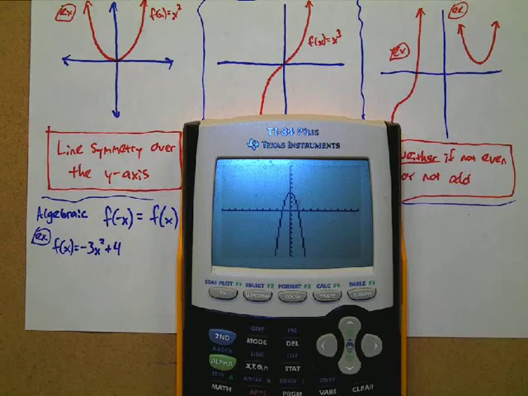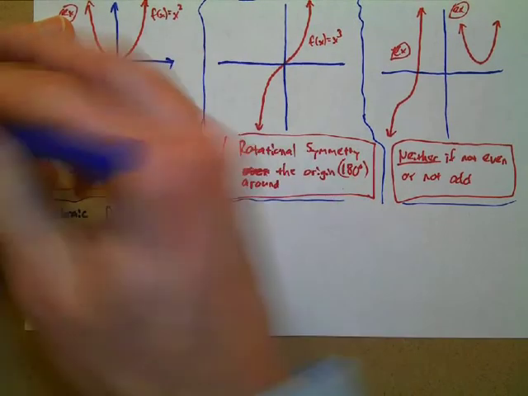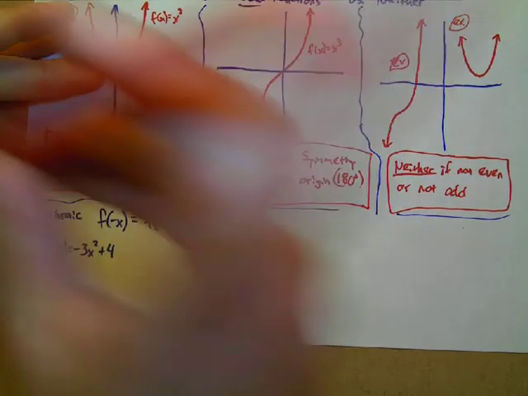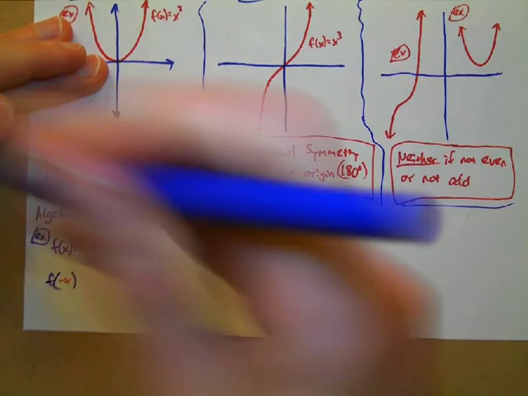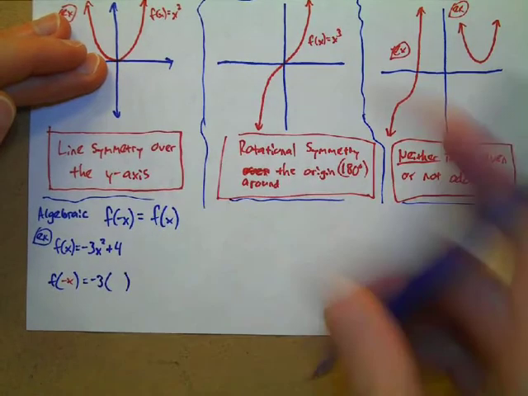All right, so what we're looking for here is I'm going to take that negative x and substitute it in here. So, f of, and instead of just an x, I'm going to plug in a negative x. This x right here I'll replace with a negative x.